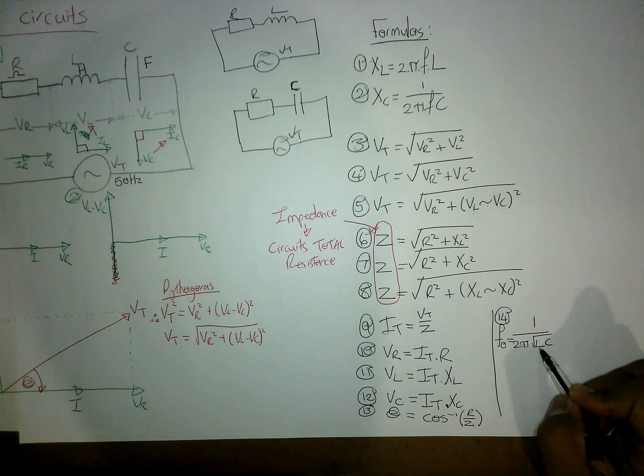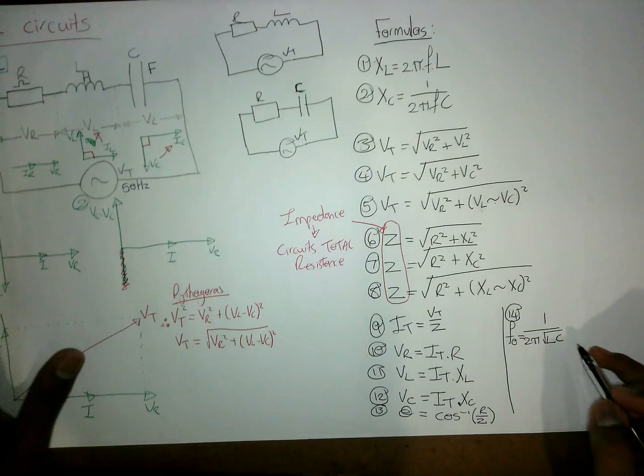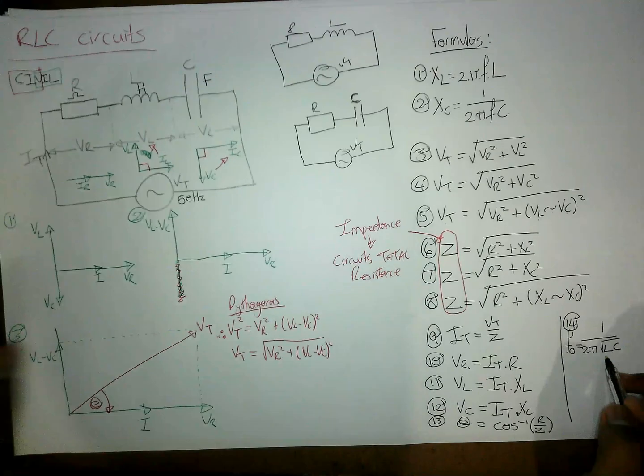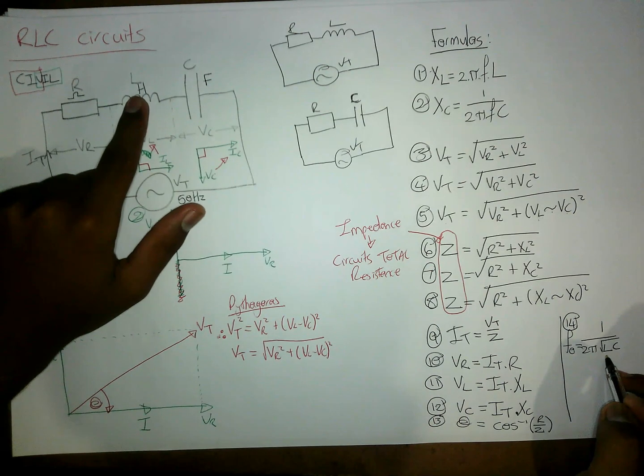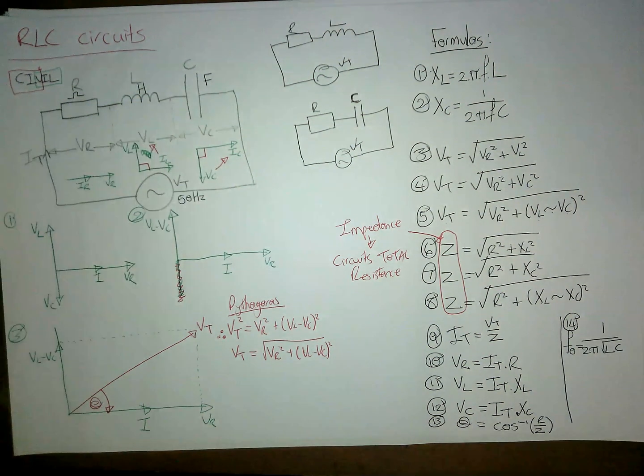L is our inductance and C is our capacitance. L is the value of our inductor, and C is the value of our capacitor. These formulas we will definitely be using to solve our RLC circuits.